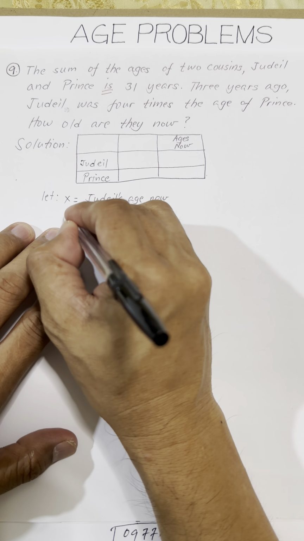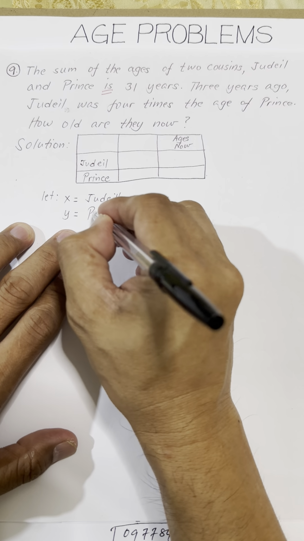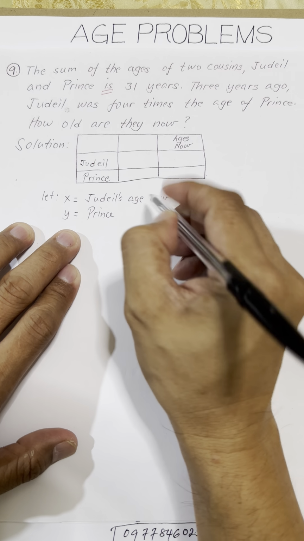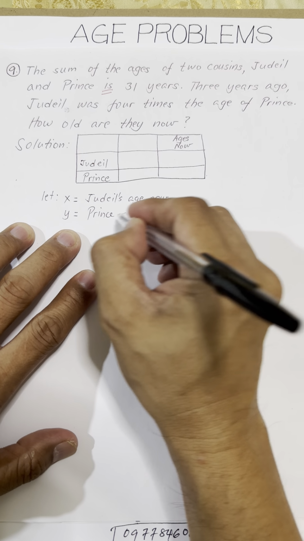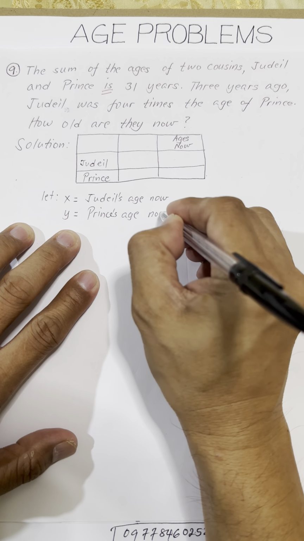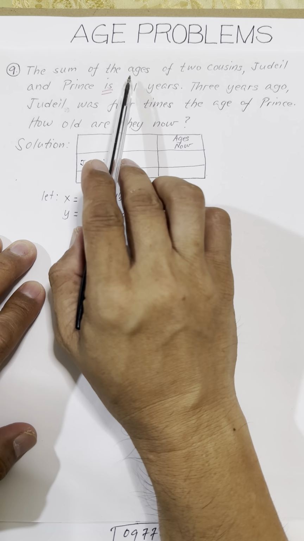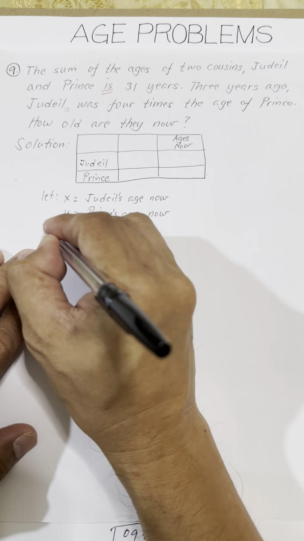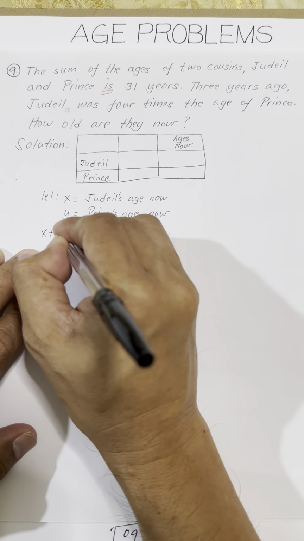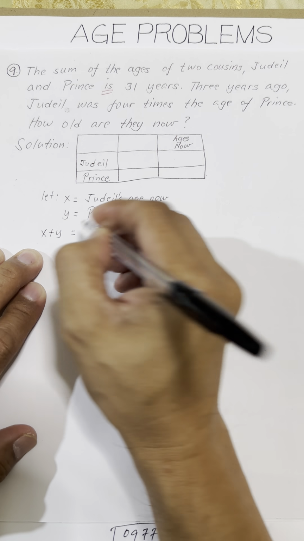So if you let Y be Prince's age now, from this statement, the sum of the ages means if you add the 2 ages, X plus Y equal to 31.